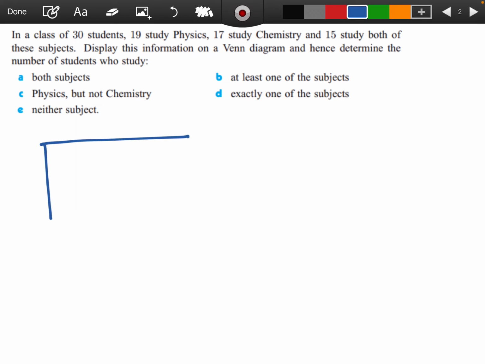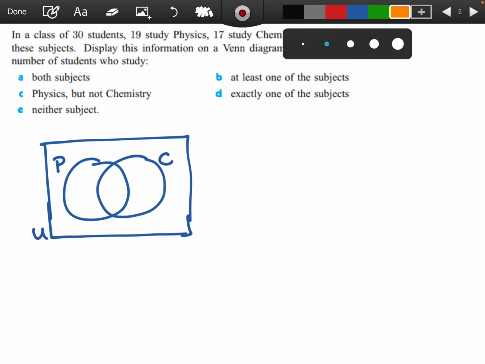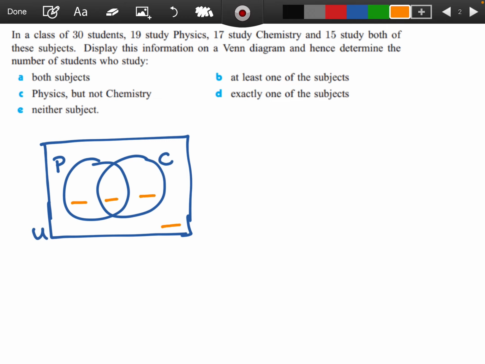So we always start with our Venn diagram. So when you are constructing a Venn diagram based on 2 groups, in this case we're going to label them physics and chemistry, P and C, and then our universal set is on the outside. We have 4 places where we need to put a number. And there is always going to be some information in the question that tells you where to begin.